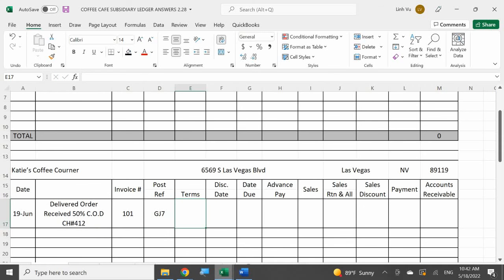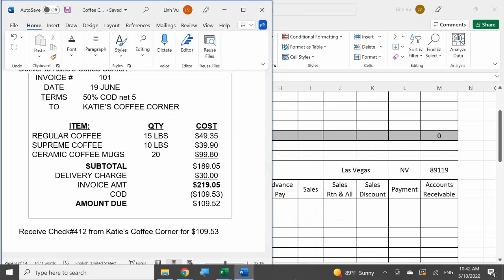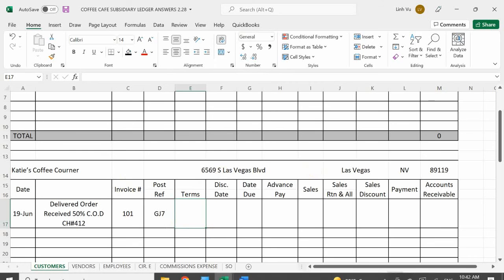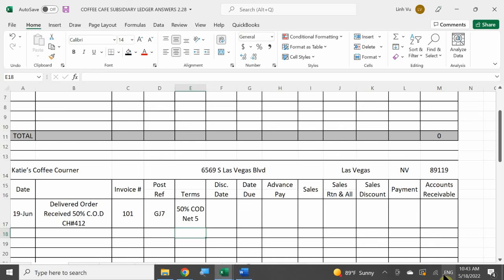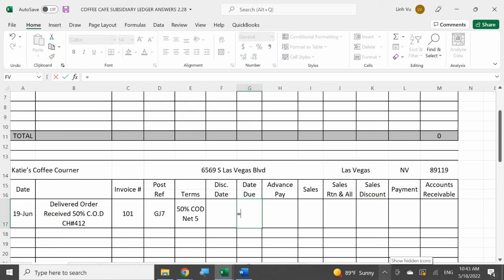In this case, we did give her terms, right? What was my terms that I gave Katie? 50% COD net 5. So in this case, we did receive our 50% COD, right? So that means when is her actual due date?